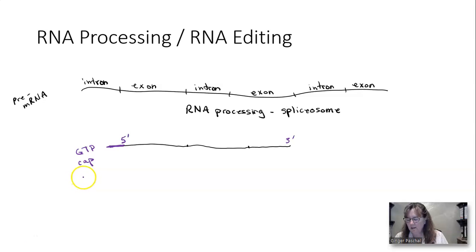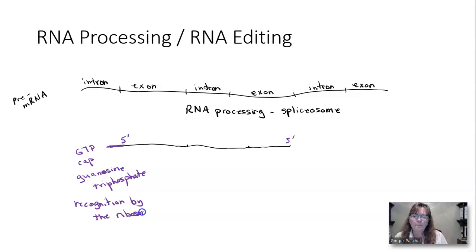This is a guanosine triphosphate. And this is used for recognition by the ribosome in the next step. We'll talk about that next time in the next video.